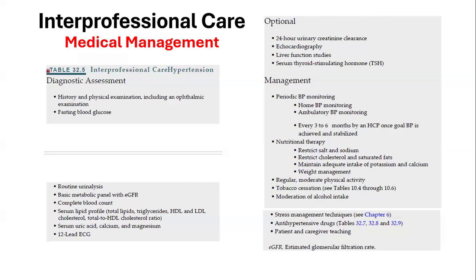And also, they will ask for regular and moderate physical activity, tobacco cessation, moderation of alcohol intake, stress management, taking a regular antihypertensive drug, and also teaching the patient and caregiver about how to take care of a patient with hypertension.